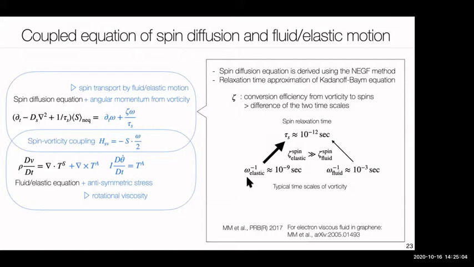In the case of the elastic motion, the vorticity time scale is about nanoseconds, and for the liquid metal pipe flow case, it is milliseconds. This big difference causes a big difference in the conversion efficiency, because usually two different modes are easily coupled in the case of a small difference of the time scales.